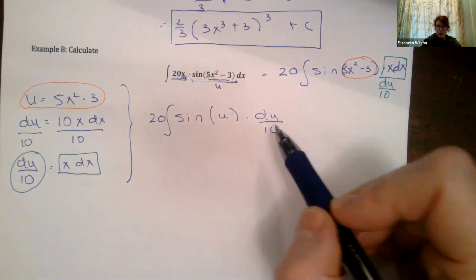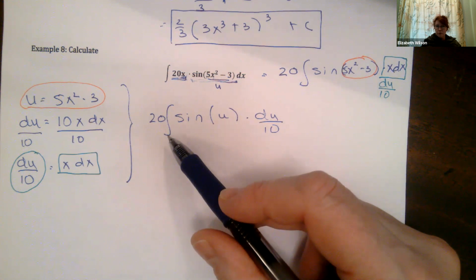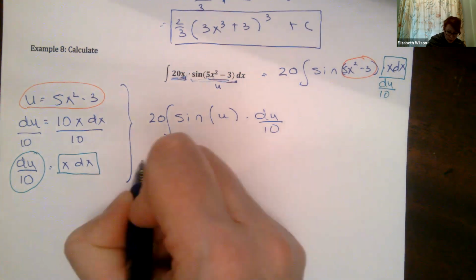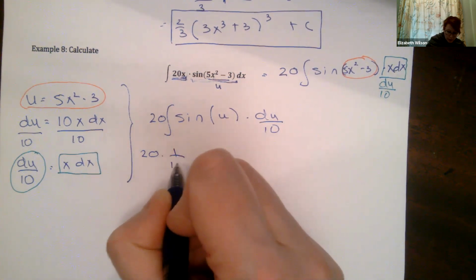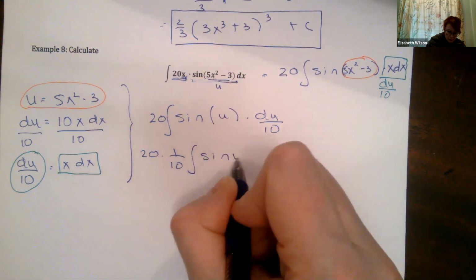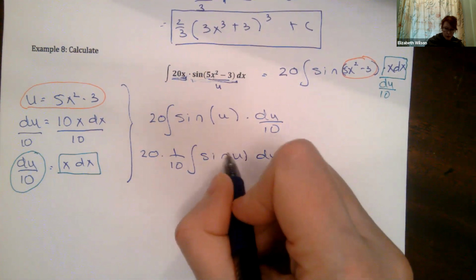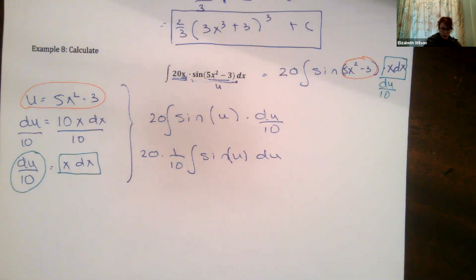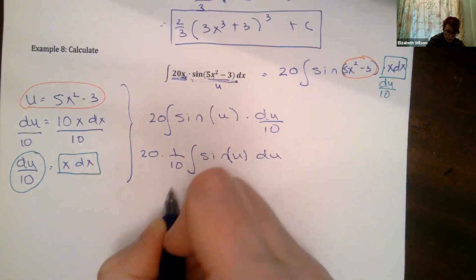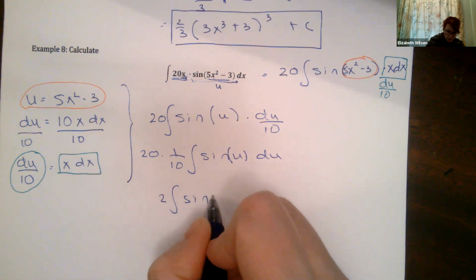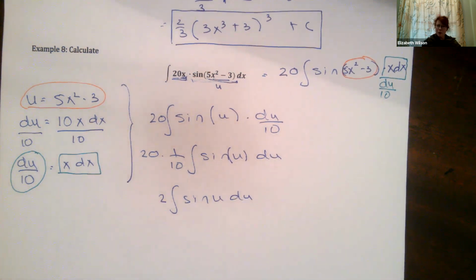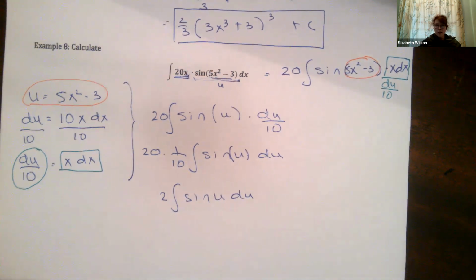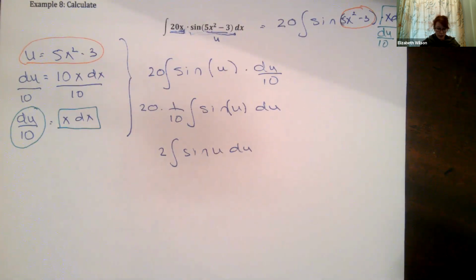So I'm going to bring the 1/10 through my integral to make my life more simple. So this is 20 times 1/10 times the integral of sine of u du. 20 over 10, so this is just 2 times the integral of sine of u du. It looks much more simple, right? That's the whole point of substitution, that it's going to simplify a more complicated integral.